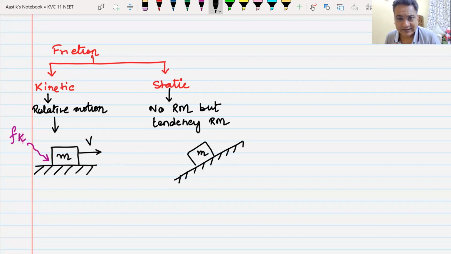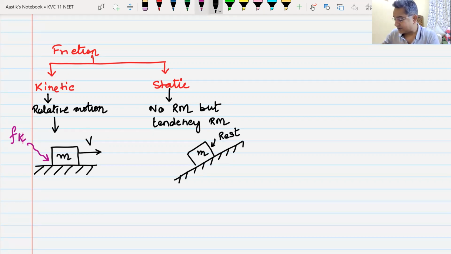It's not necessary that this body is moving, because it can just stay in that place. Why can it stay? Because there is friction. So this body on the inclined plane is at rest.